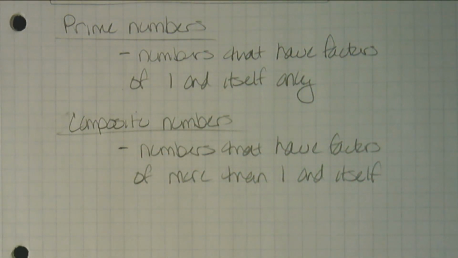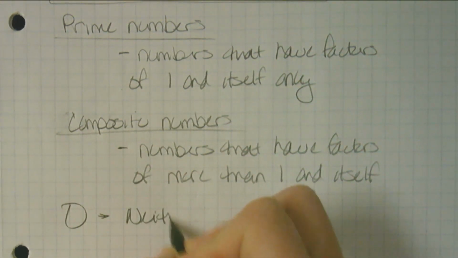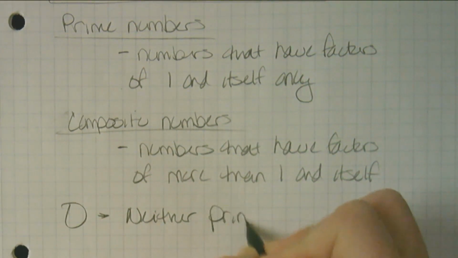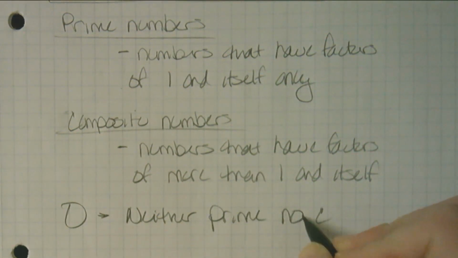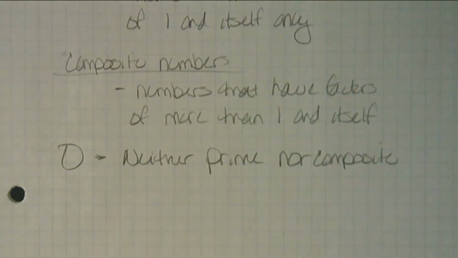There's only one number that's neither prime nor composite. What number is not prime and it's not composite? What do you think? Romano? 0. So 0 is neither prime nor composite. That's the only exception.